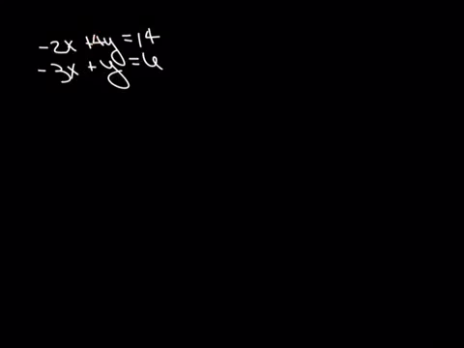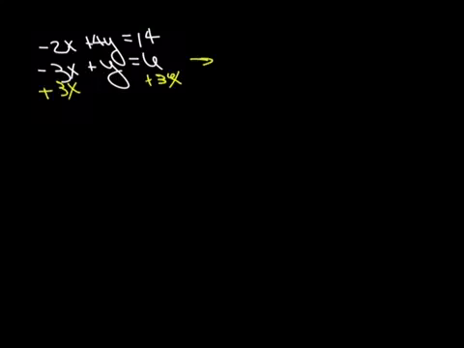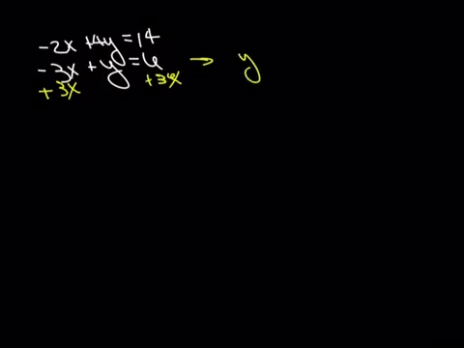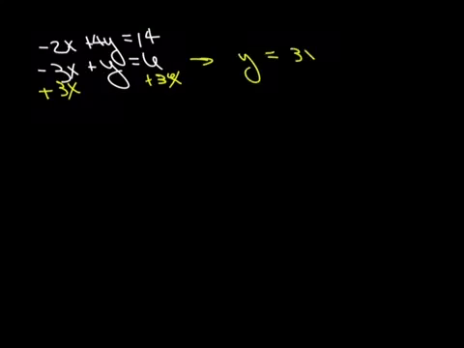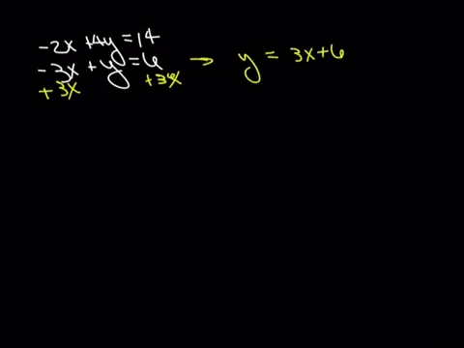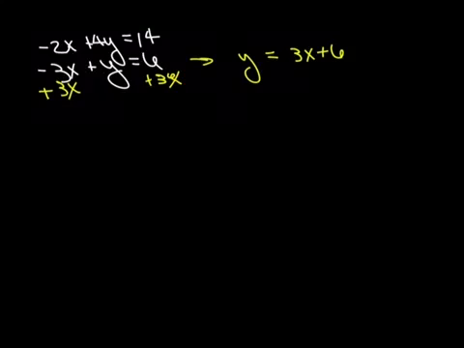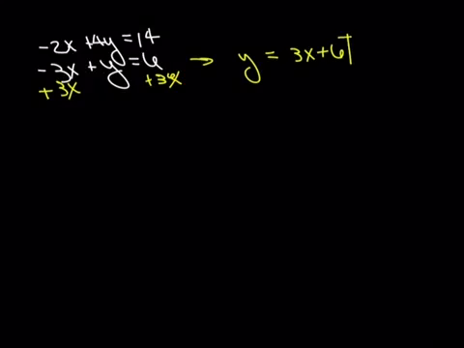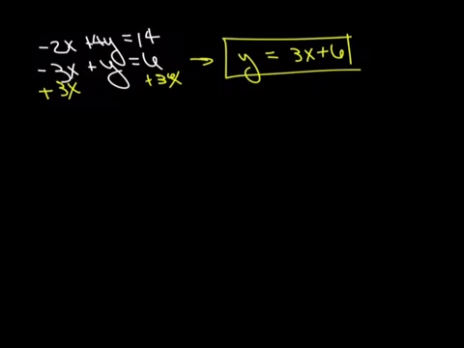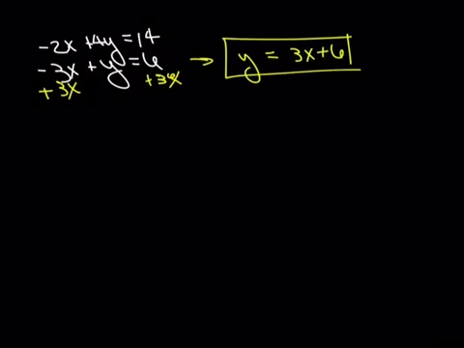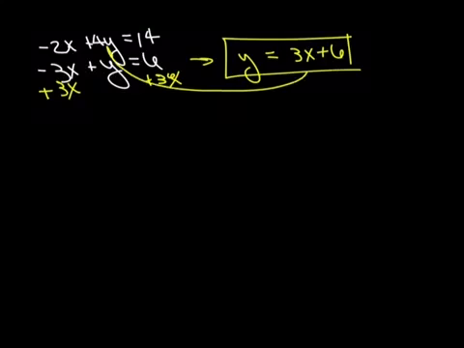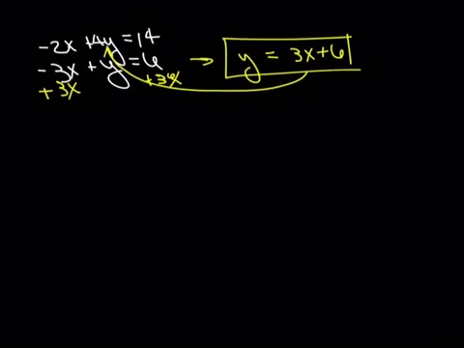So let's take the second one here, add 3x to both sides. And then that gives us y equals 3x plus 6. And I have no idea why that little curly Q is on there. It just kind of got on there. All right. Now whenever we see a y in the first equation, we're going to put 3x plus 6 in its place.